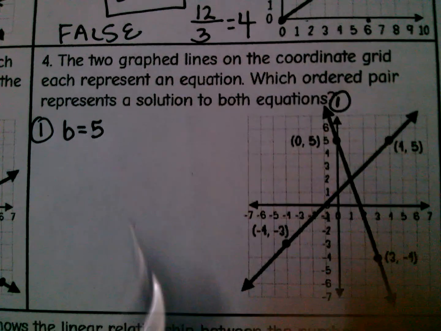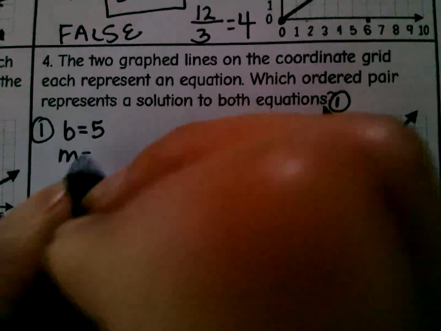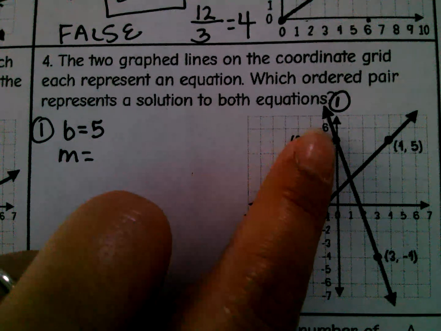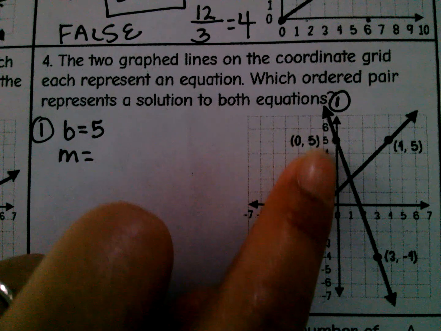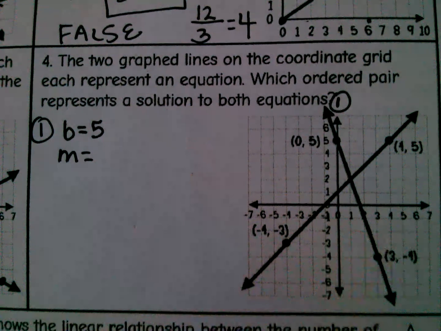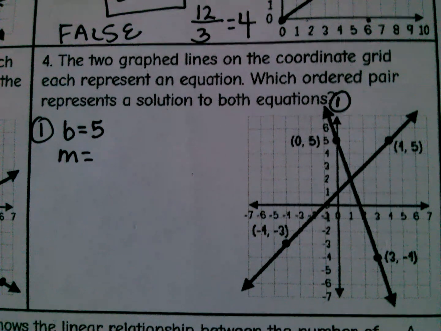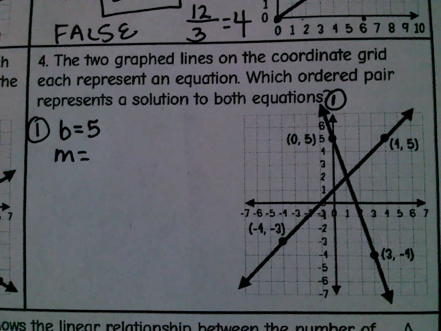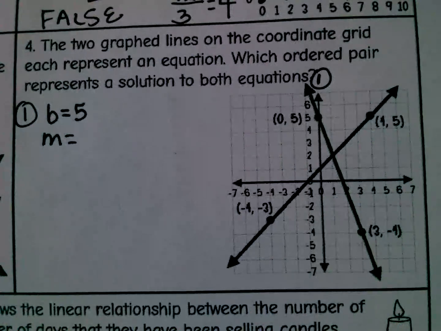So I'm going to make a little note here. My y-intercept is a 5. Can somebody start here at the 5 and do rise over run and try to figure out the slope there for me? What is the slope of that line?